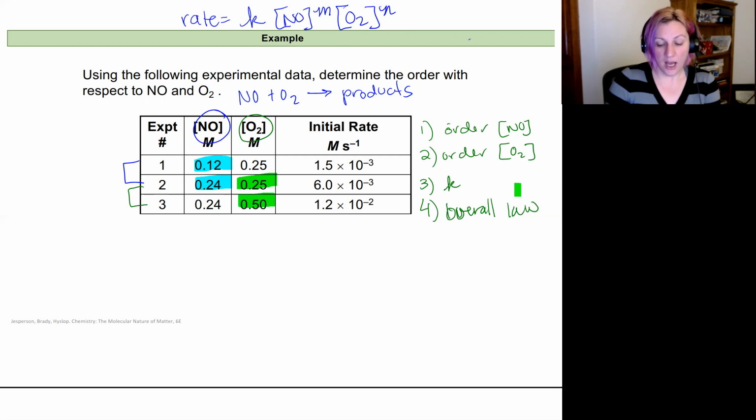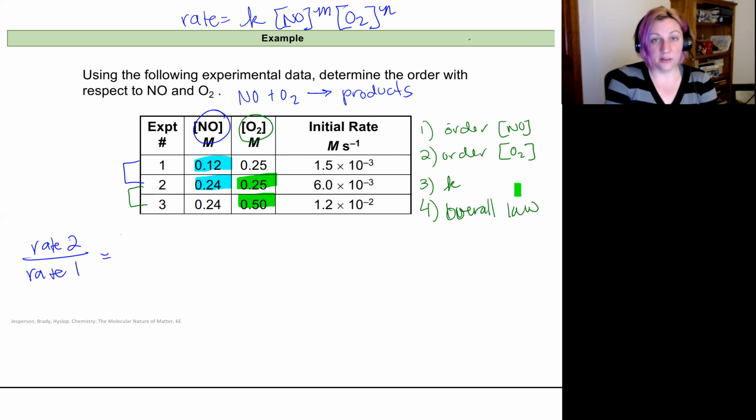So I've got my rate for experiment 2 over the rate of experiment 1. That's going to be equal to, and I'll write out my rate law, k times NO to the m times O2 to the n, and I'll do the same down here.